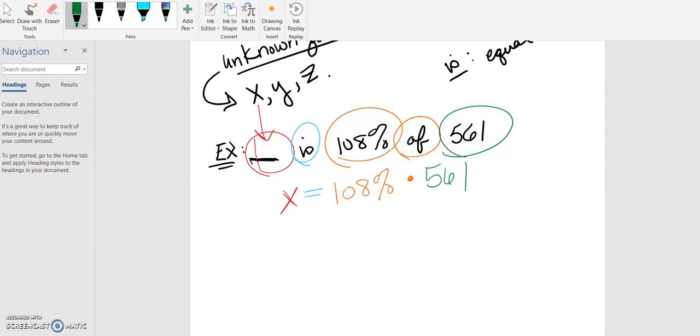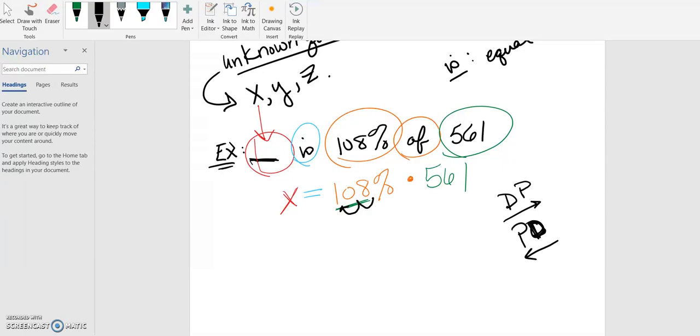Well, now we just have to solve for X. This makes sense now. All I have to do is multiply these two values together. Now, remember that I cannot work with 108%. I actually have to convert that to a decimal. If I want to convert a percent to a decimal, I need to move my decimal 2 places to the left. If I want to convert a decimal to a percent, I need to move 2 places to the right.